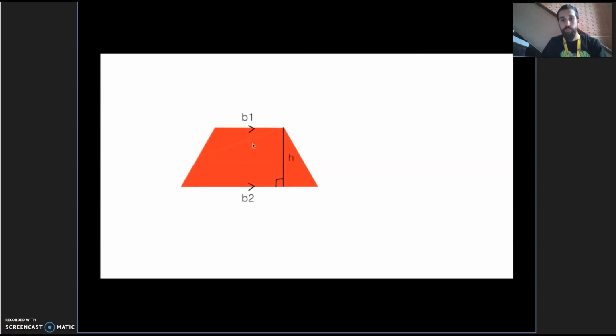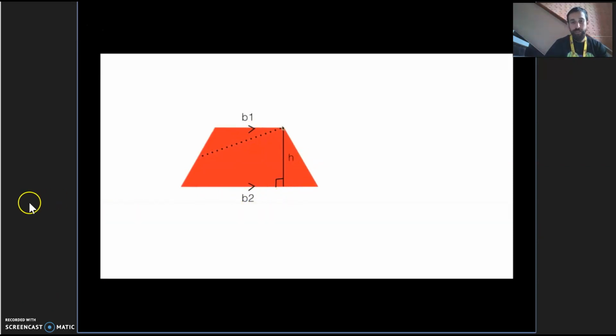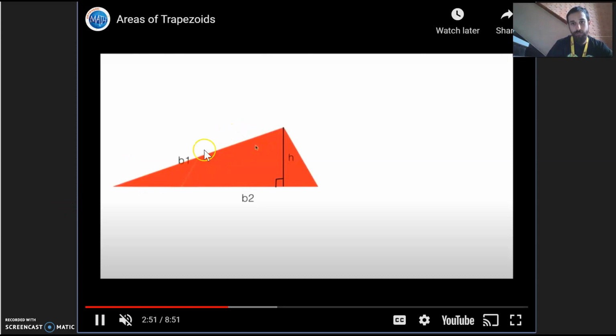Okay, here's another way to think about how this formula came to be. So on this video, the guy has base 1 and base 2 labeled and his height labeled. And instead of splitting the height in half, this is what he's doing. He's cutting this there, flipping it over so now all of base 1 and base 2 are connected there, and it forms a triangle.